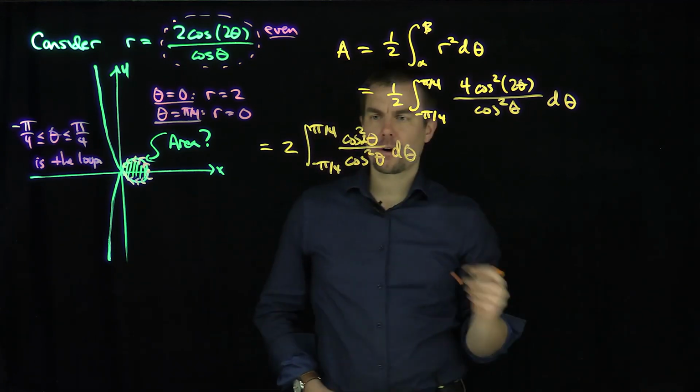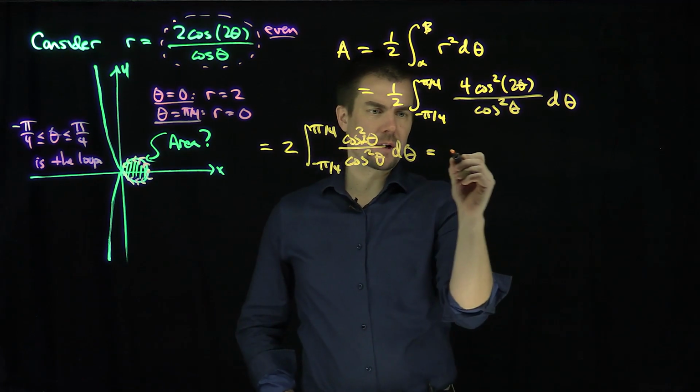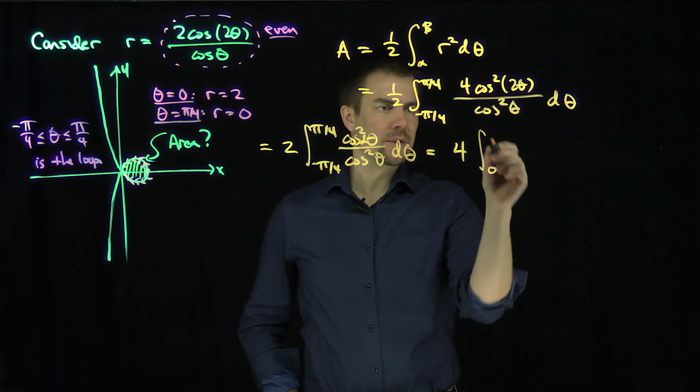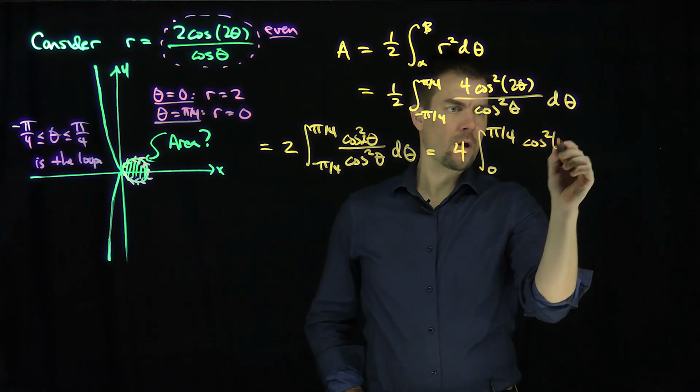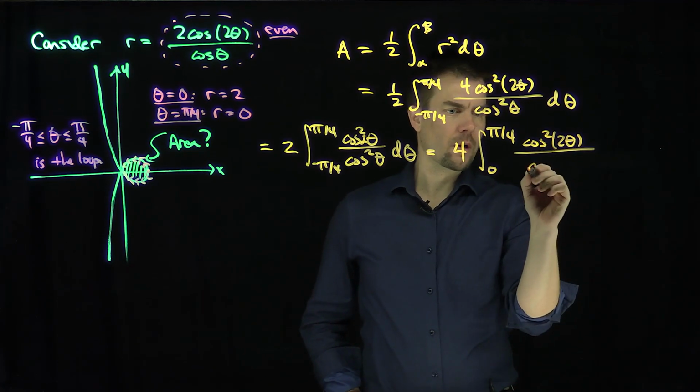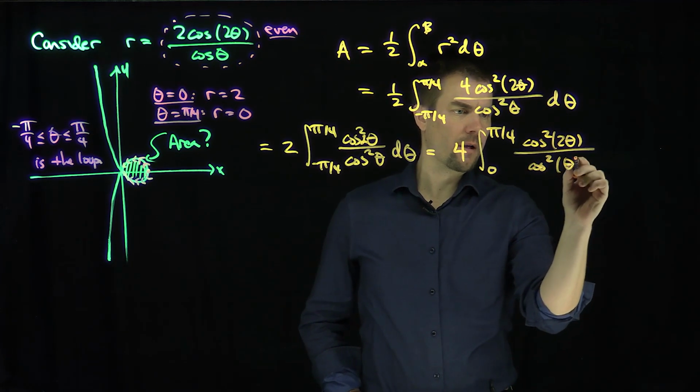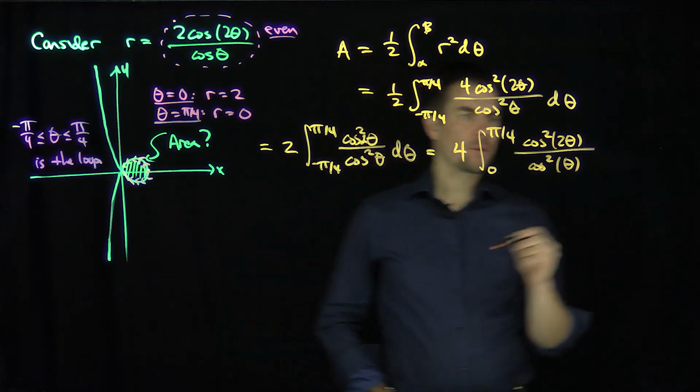Since this is an even function, I can break the symmetry of this integral and write this as 4 times the integral from 0 to pi over 4 of cosine squared of 2 theta over cosine squared of theta.